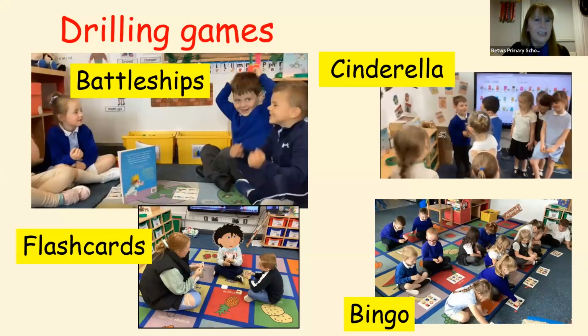Now Cheryl said loads of these drilling games, but here are some examples as well. Cinderella, they absolutely love, where they go outside. One child goes outside of the classroom. Sorry, I haven't explained that they've got a pattern. So there's a question they've got to ask, such as pa liw wyt ti'n hoffi?